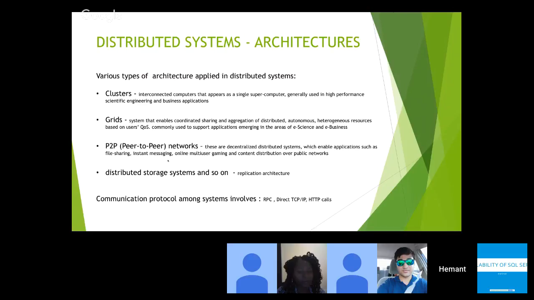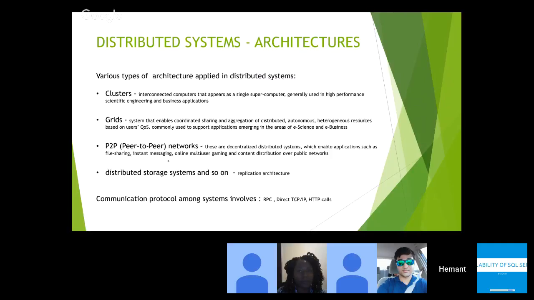Now, the various architectures supported in distributed systems are clusters, grid, P2P, or we see that in storage systems, and so on. Generally we use clusters when a group of computers appears to be a single supercomputer.